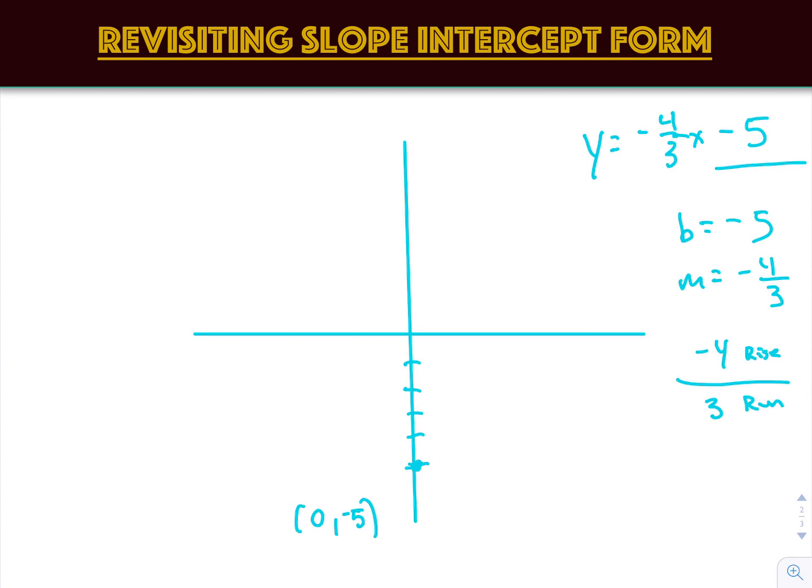So I'm going to decrease by 4. 1, 2, 3, 4. For every 3 I run, 1, 2, 3. It's going to put me right there is where the points intersect. And I have a rough sketch line for y equals negative 4/3 x minus 5.